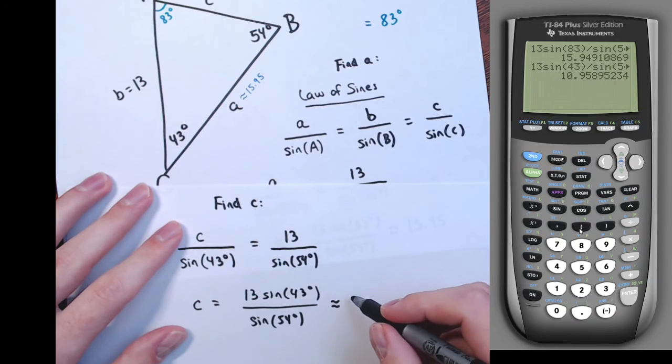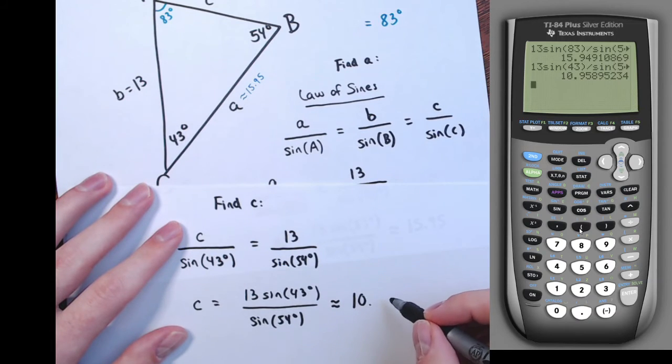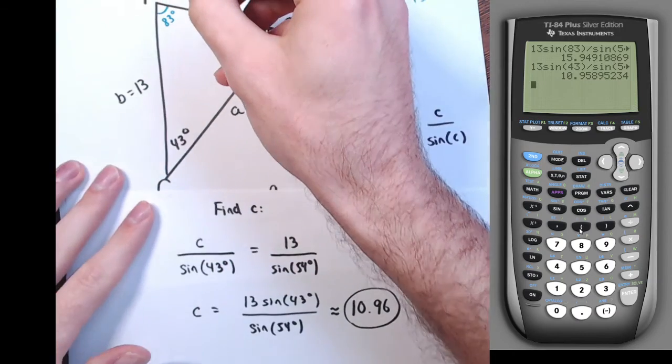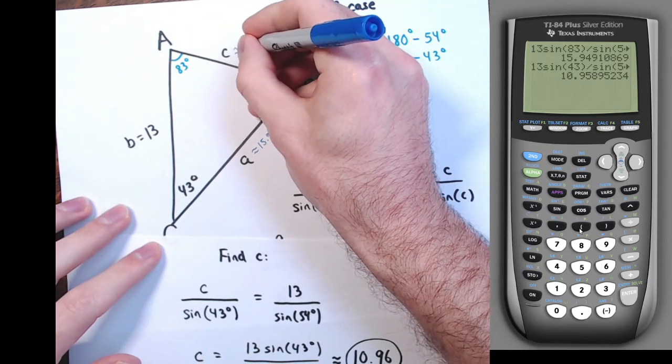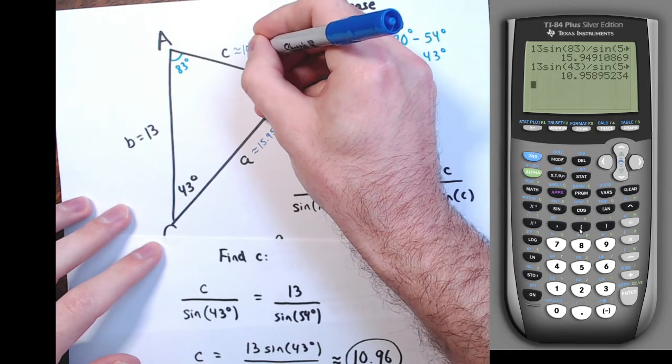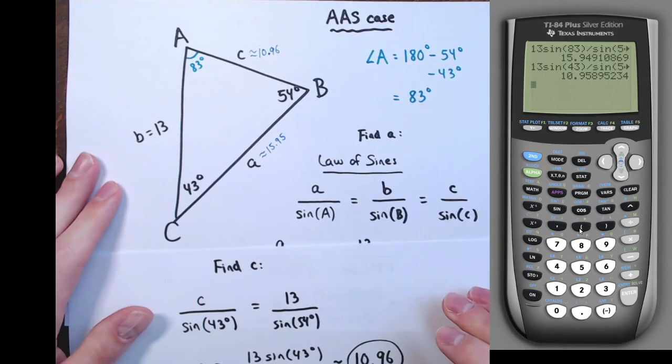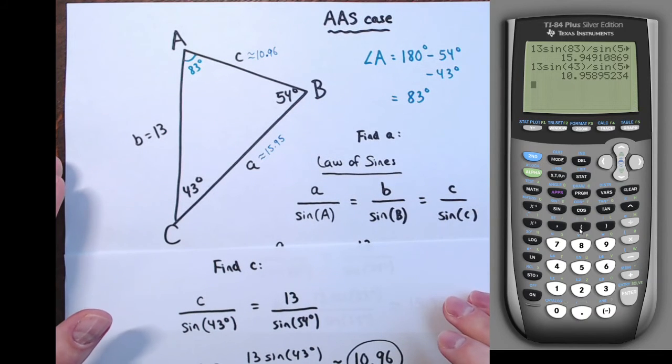So the length little c is approximately 10.96 if I round to 2 decimal places. So little c has a length of about 10.96 units long.